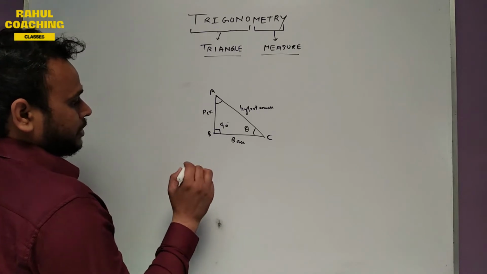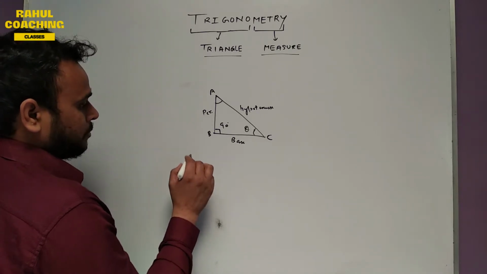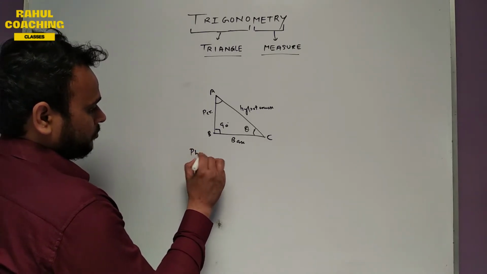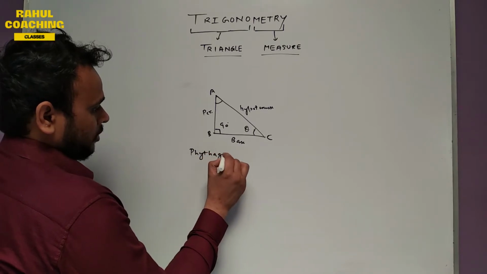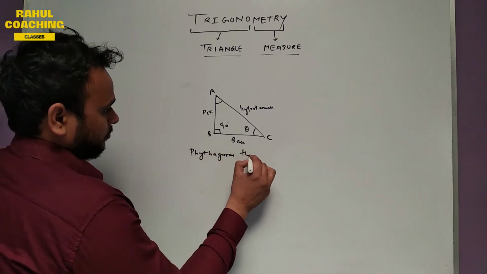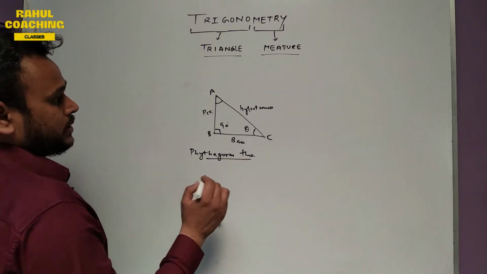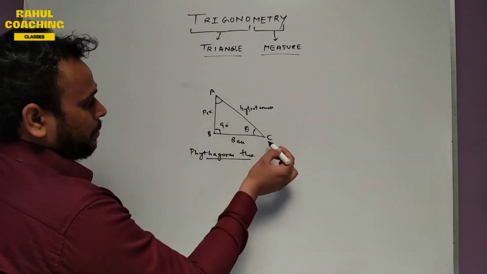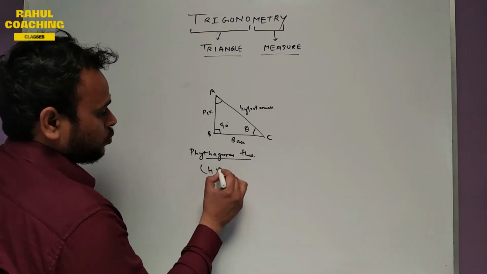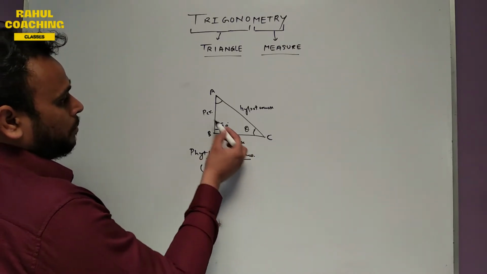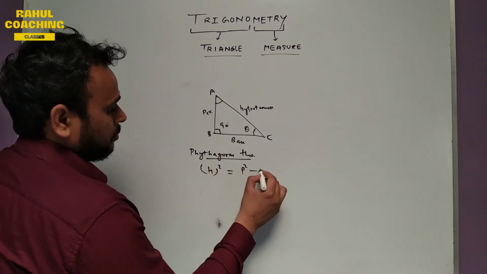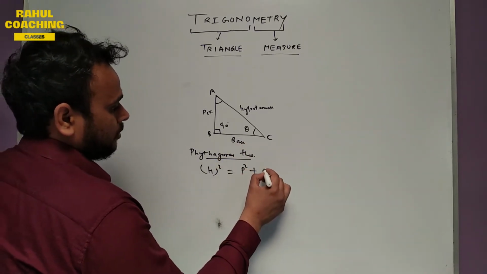There is a relationship which is explained by the Pythagoras theorem. What is the Pythagoras theorem? You can say that hypotenuse square equals perpendicular square plus base square.